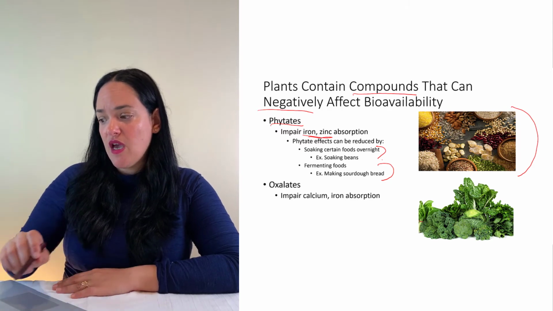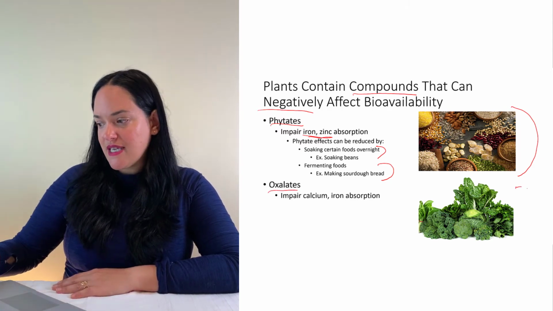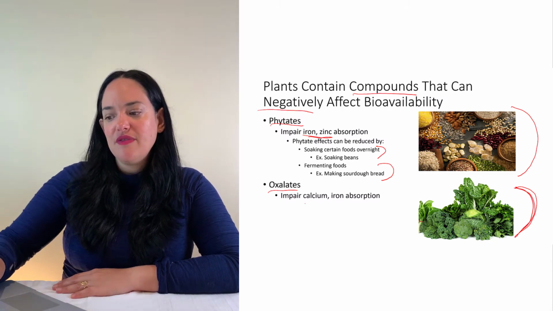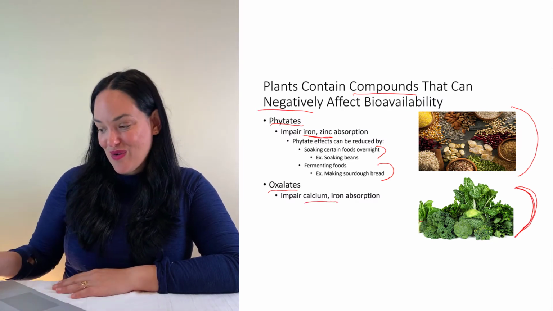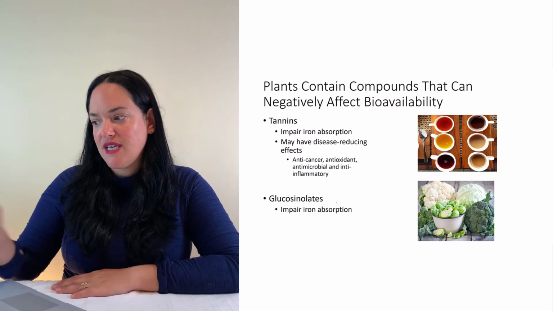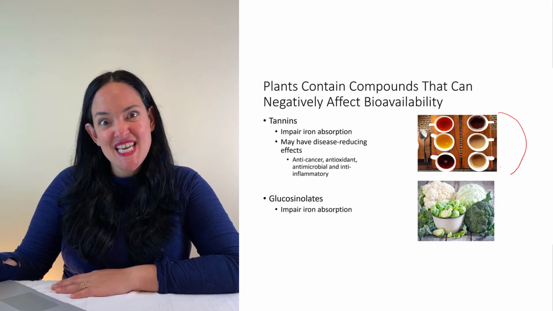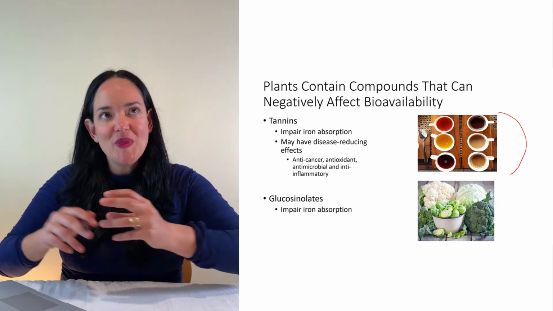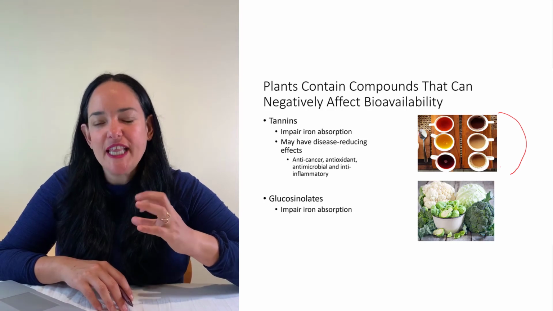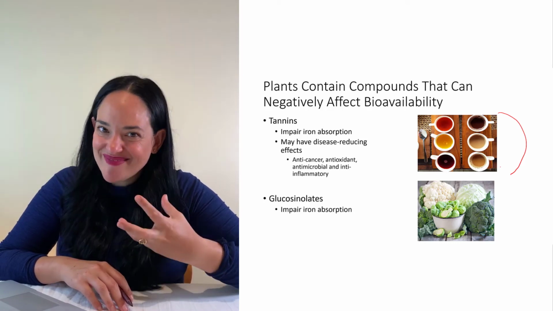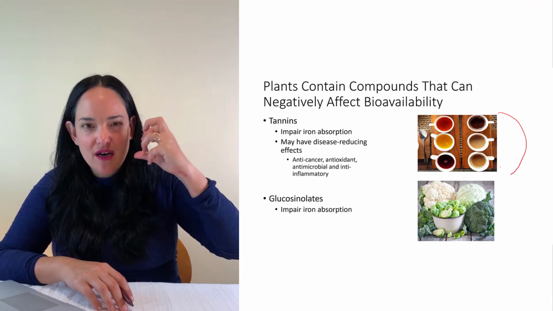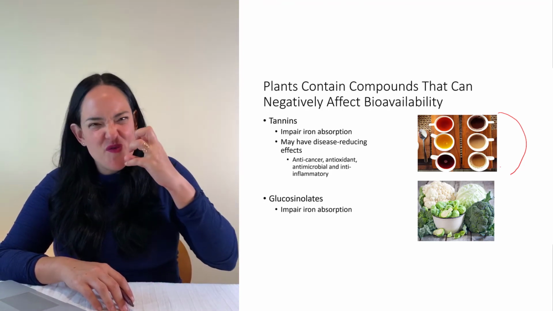Oxalates, like what we find in a lot of these green leafy vegetables, can impair calcium and iron absorption. Tannins are found in a lot of tea and wine and coffee. When you think of drinking really oversteeped tea and you get a kind of taste in the mouth, or with red wine, it's got that taste as well, or that feeling I should say.